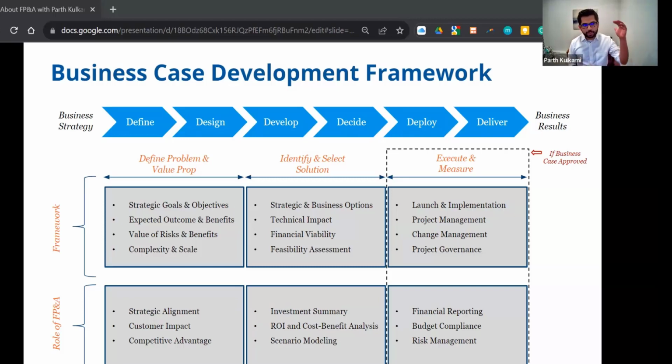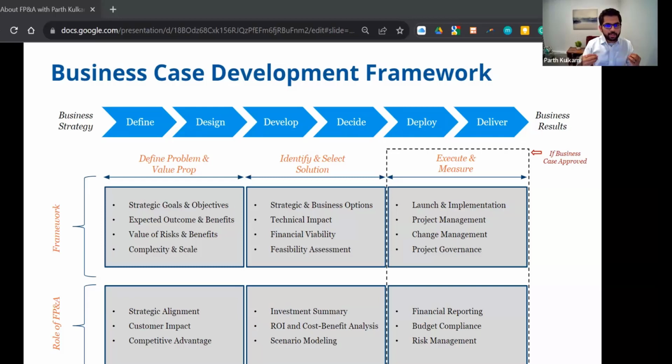If you look at the first top row on the slide, the objective of any business case should be to convert your business strategy into business results, right? That is the goal for every company out there: they build business cases to convert the strategy into results. And there is a lot that goes on while doing so. So let's get into that.